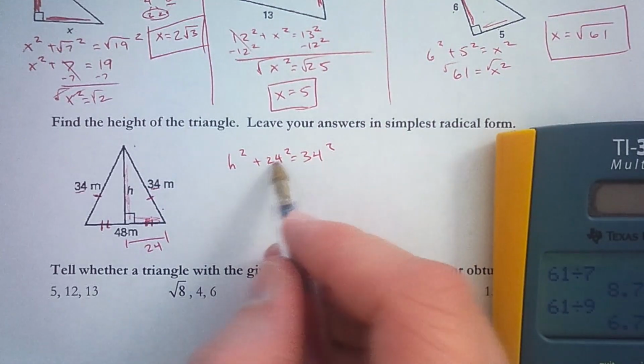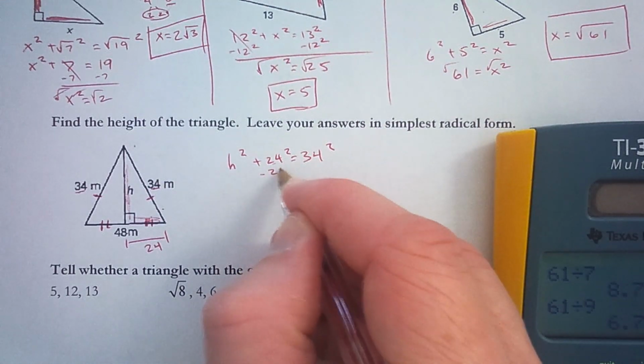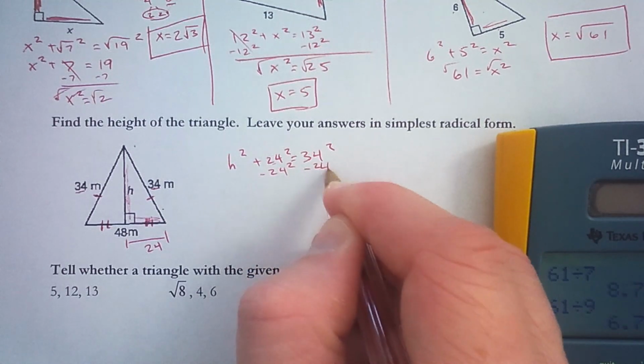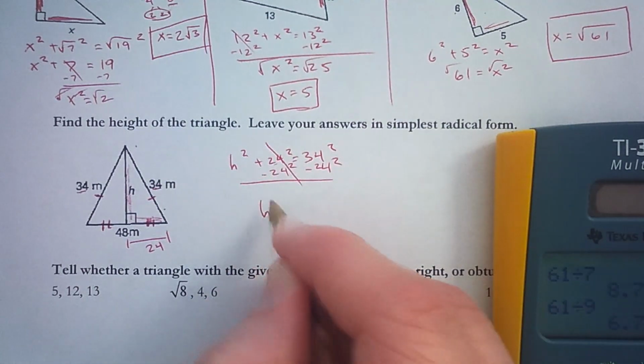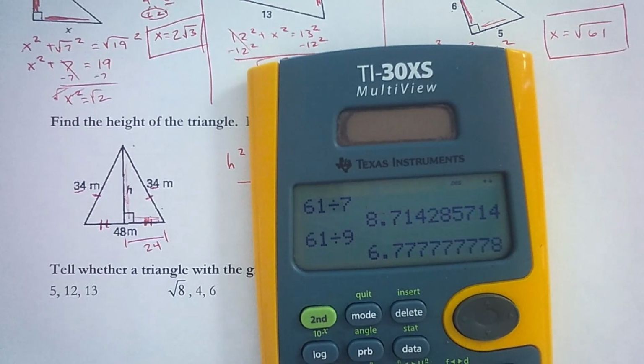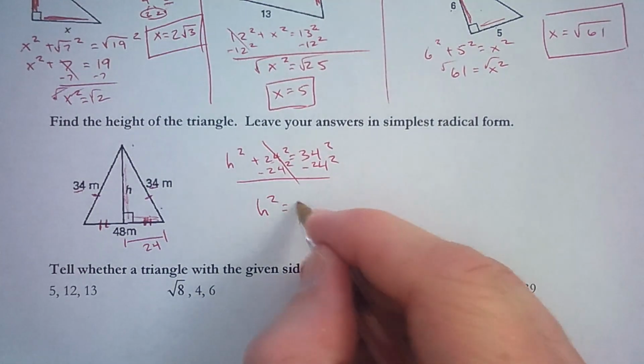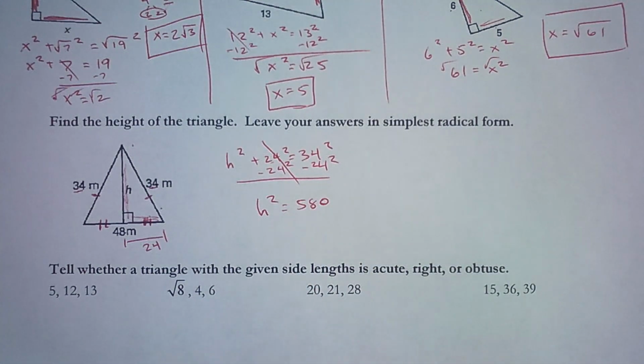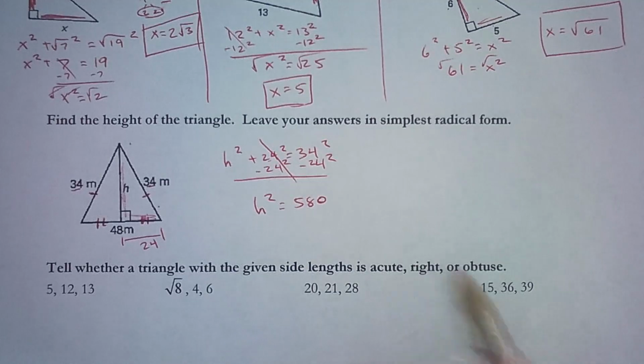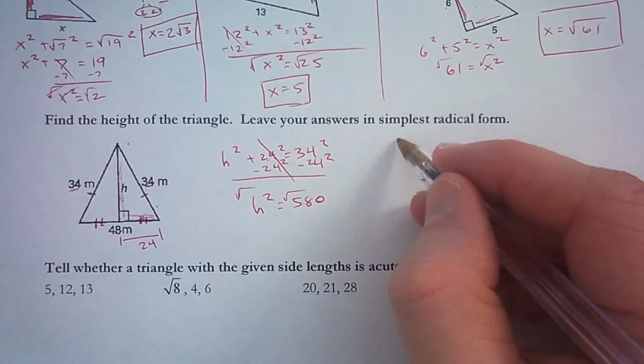Okay, so since these are on opposite sides of equals, I will subtract 24 squared. So 34 squared minus 24 squared is 580. Okay, now 580 is not a square number, so when I do the square root, I'll do a factor tree.